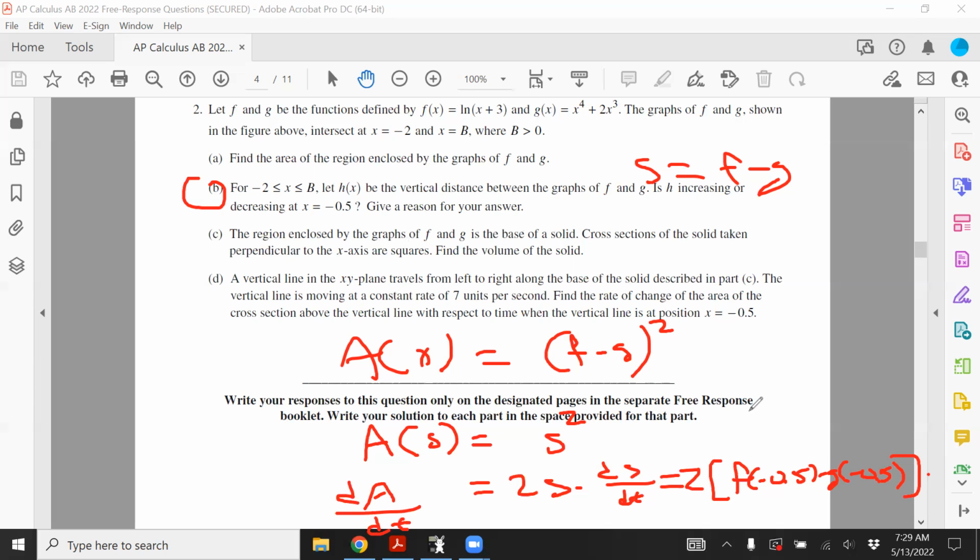Actually, hold on one sec. Oh, never mind. It's moving at that rate. Got it. So we're actually going to multiply it by the vertical line moving at a constant rate.